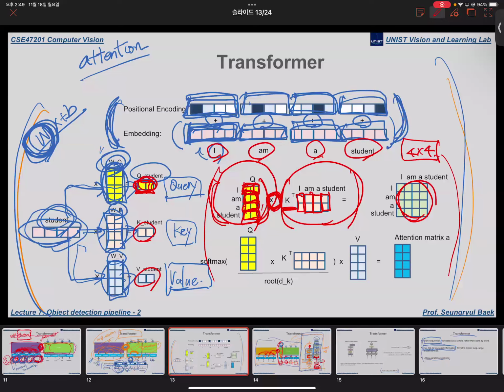Are you guys agreeing with this? Multiplying these two matrices is similar to taking the dot product between individual vectors. For the query of "I", if you apply the dot product between the query for "I" and the key for each word, you get the first row of this array.